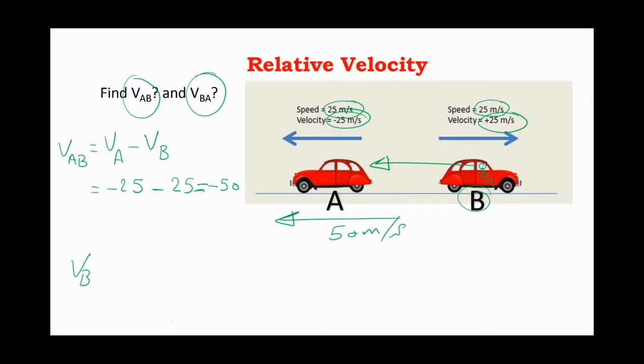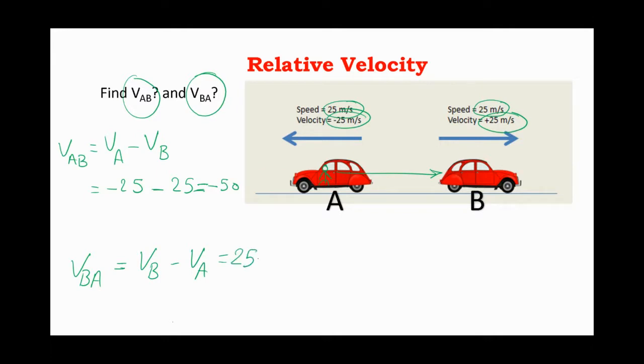VBA, find VBA. So in this case, A is the observer. So we will reverse it. The observer will be A and he's looking at B. So it's VB minus VA. VB is 25 minus VA, which is negative 25.